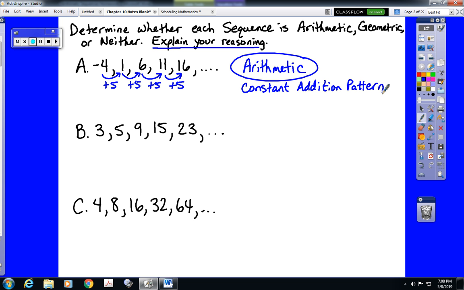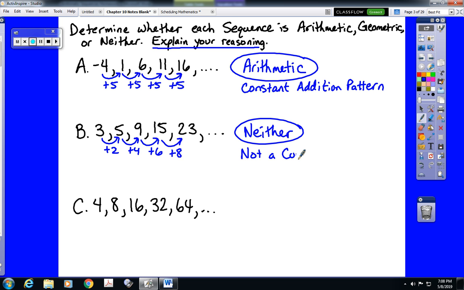The next pattern, we have an addition of 2, and then an addition of 4, and then an addition of 6, and then we add 8. So while there is still a pattern, that does not fit either one of our descriptions. This would be an example of neither arithmetic nor geometric, and our reasoning is that although there is an addition pattern, it is not a constant addition pattern.